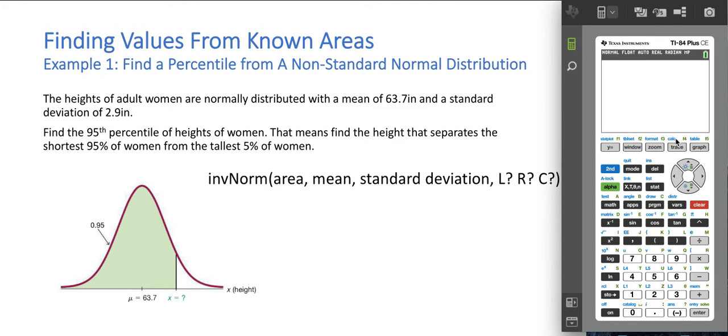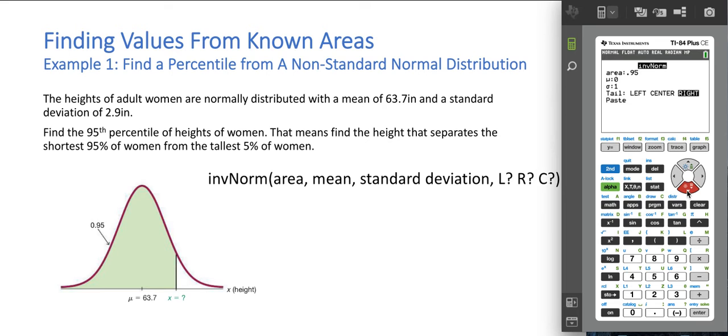On our graphing calculators, we're going to find that inverse normal function. So press second vars again and find inverse norm. It's asking us for the area. In this problem, the area is 0.95.